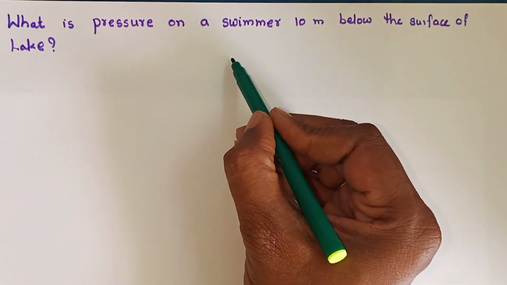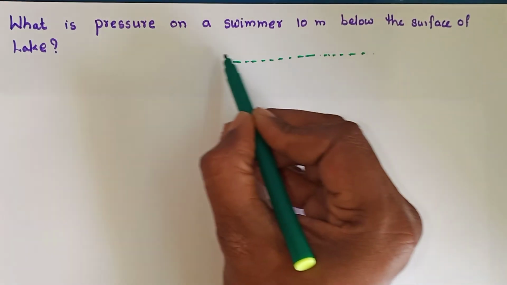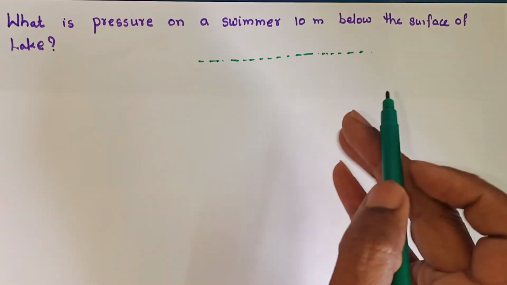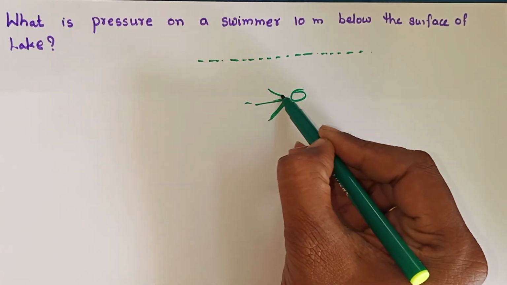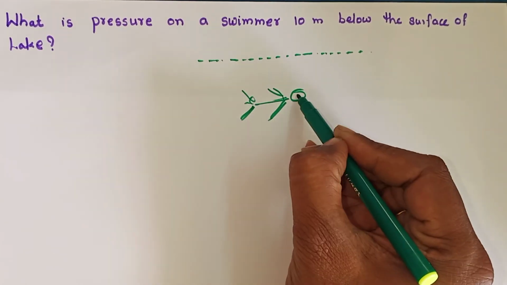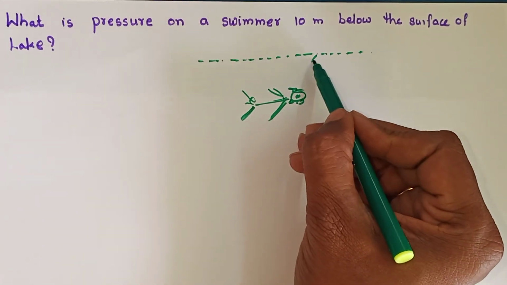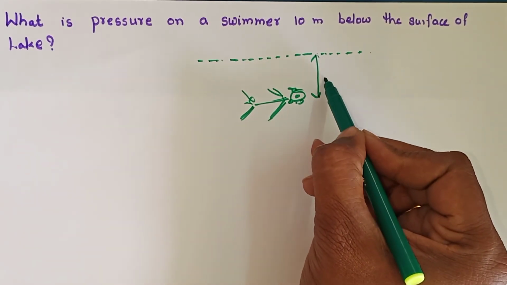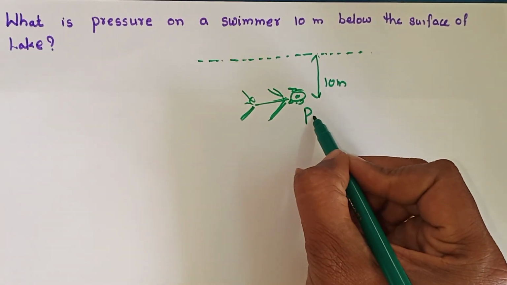Generally, you can think of this as the surface of the lake, where a swimmer can swim at a depth of 10 meters. So what is the pressure on him?